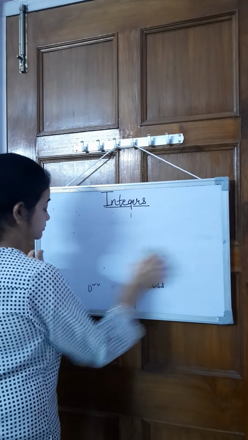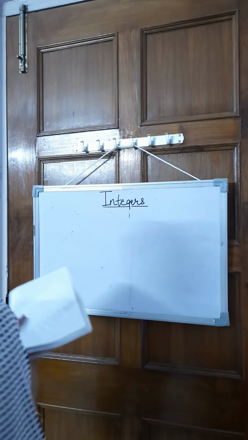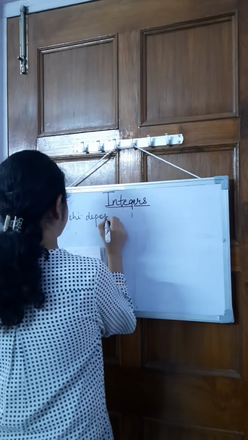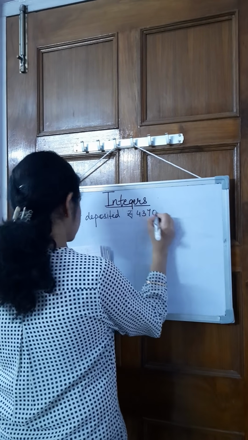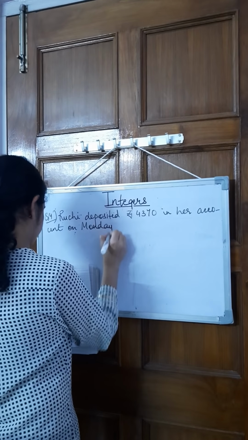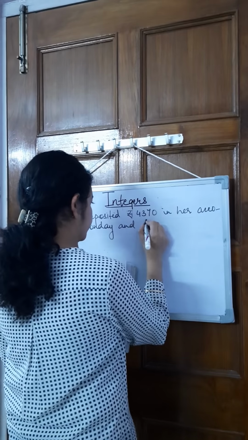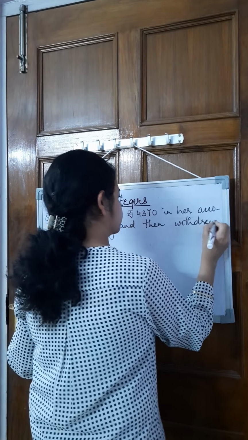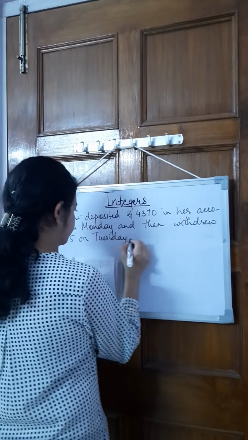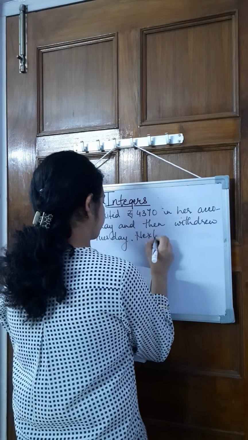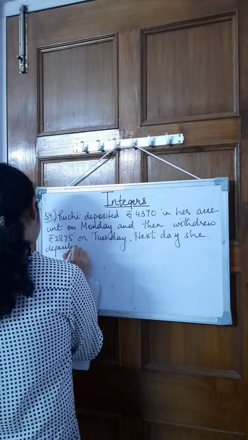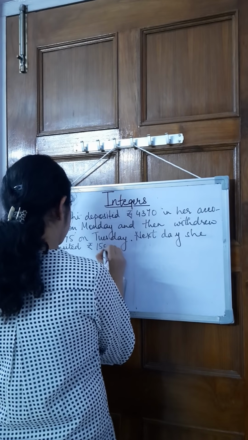I am taking question number 4 of your exercise, which says: Ruchi deposited rupees 4,370 in her account on Monday and then withdrew rupees 2,875 on Tuesday, and the next day she deposited rupees 1,550.